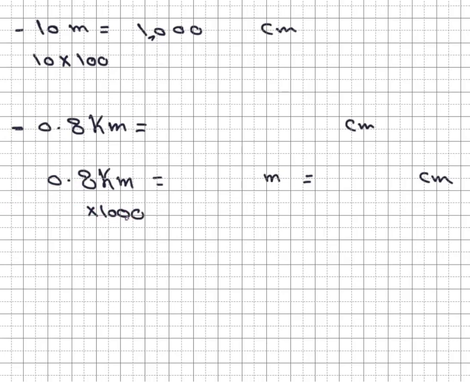To convert from kilometer to meter, we have to multiply by 1000. 0.8 multiplied by 1000. I will move the decimal point 3 steps to the right. 1, 2, 3. I need 2 zeros here. It will become 800. Now to convert from meter to centimeter, we will multiply by 100. Now the answer is 80,000.